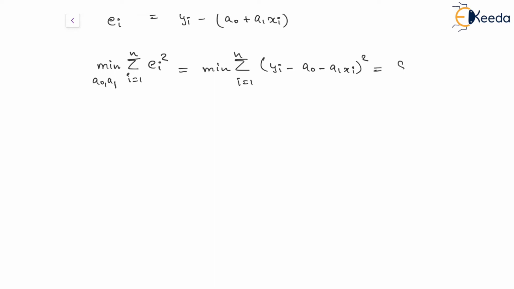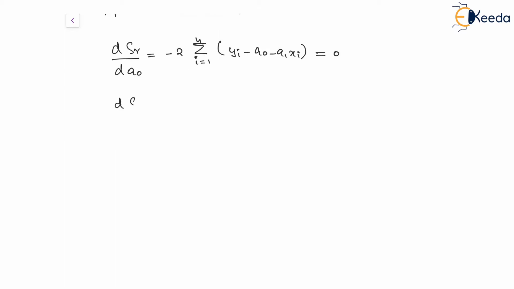So let's say this is SR. The first condition can be dSR over da0, which will be equal to minus 2 times summation i equal to 1 to n yi minus a0 minus a1 xi, and let us say this has to be equal to 0.